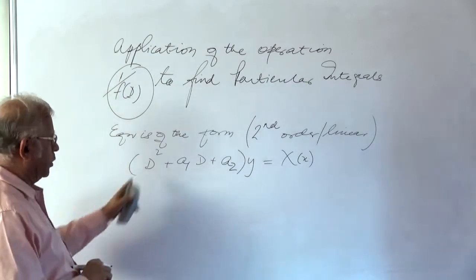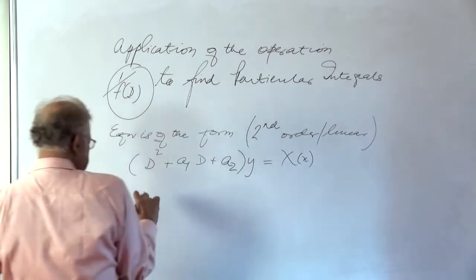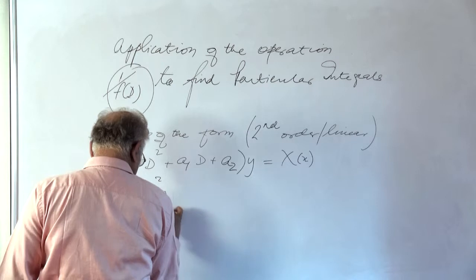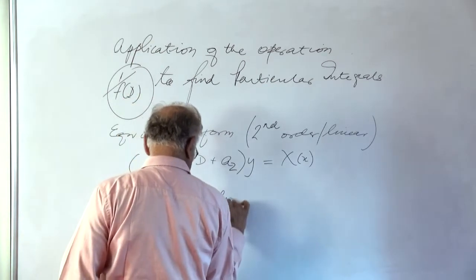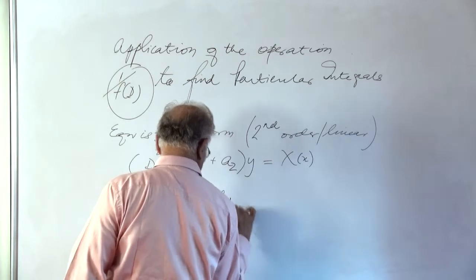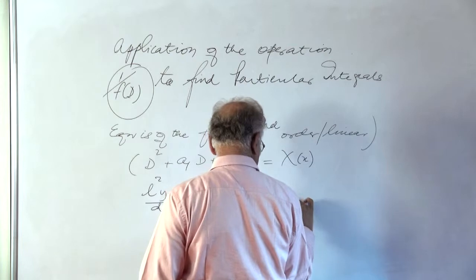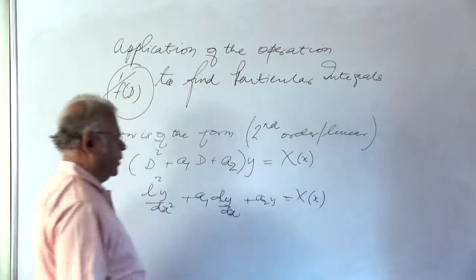We will expand this symbolic operator form of the equation to see it in real form. This is d^2y/dx^2 plus a1 dy/dx plus a2 y is equal to capital X, which is a function of small x.